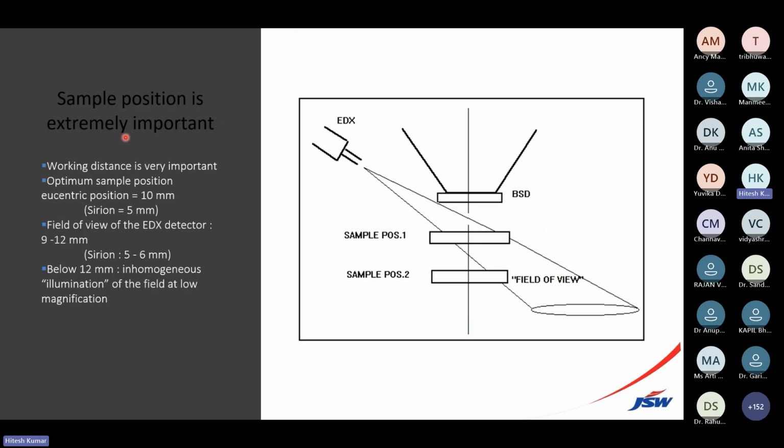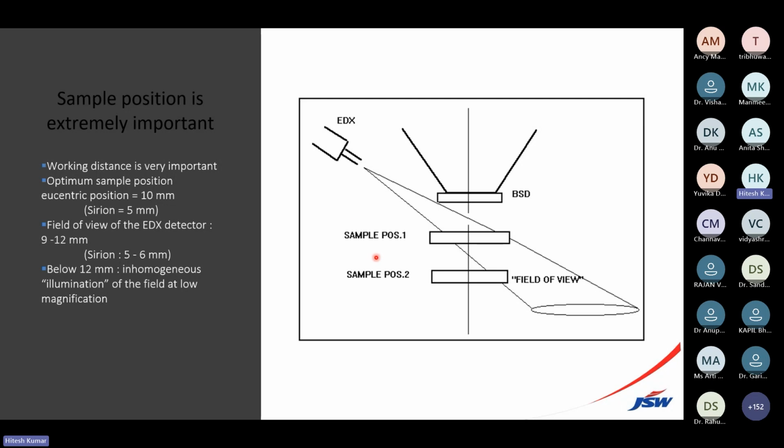Sample position is extremely important. Working distance is important: optimum sample position, field of view of the detector, and the sample working distance should be 9 to 12 mm.